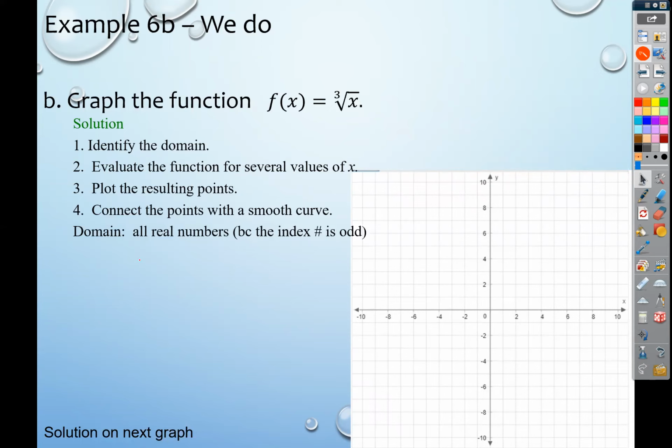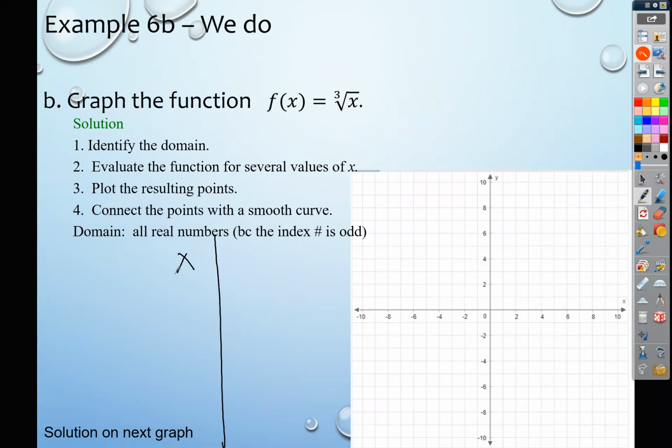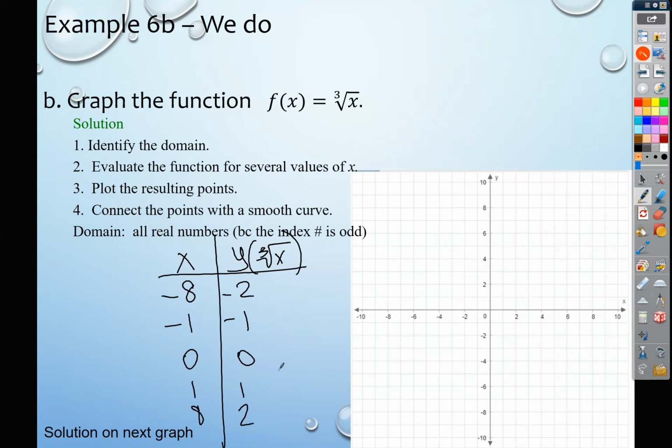So if you're doing this, I would say to plot perfect cubes, right? Okay, so let's go with negative 8, negative 1, 0, 1, and 8, because all of those are perfect cubes. So if I plug this in, I would get negative 2, negative 1, 0, 1, and 2.